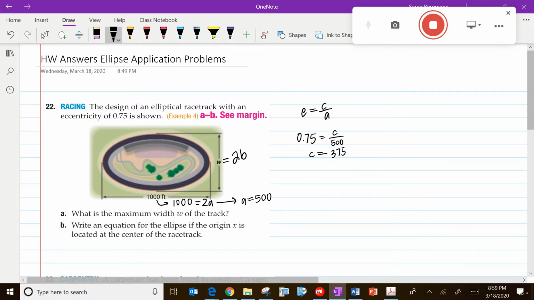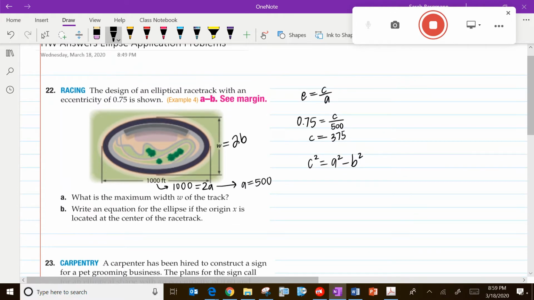So if the C value is 375, now to find the B value, we use this formula: C squared equals A squared minus B squared. So 375 squared equals 500 squared minus B squared.